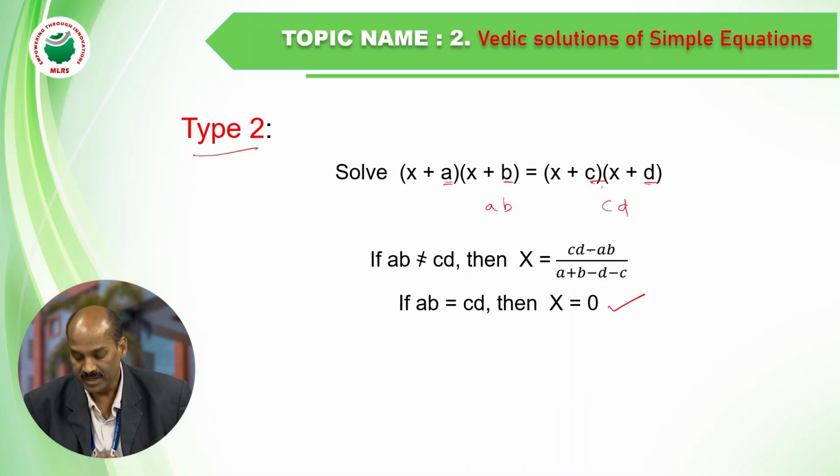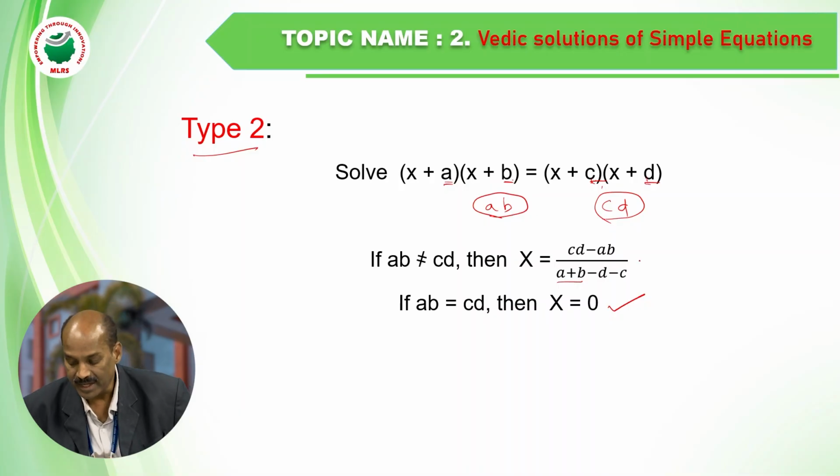Similar to type 1: in D place we have CD, in B place we have AB. So I have written CD minus AB divided by, in A place we have A plus B, minus C place we have minus C and minus D, these two constants. So remember like that.